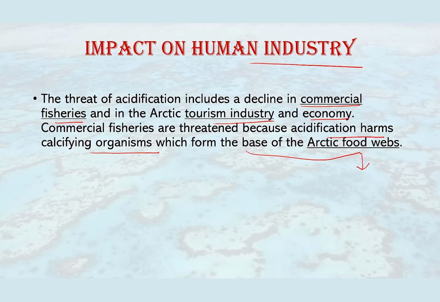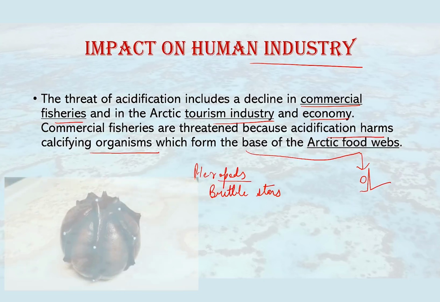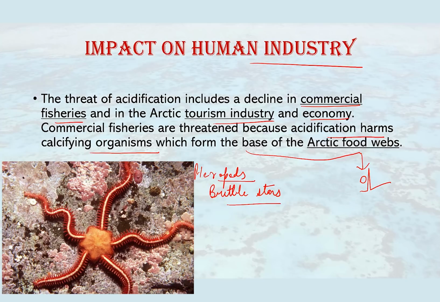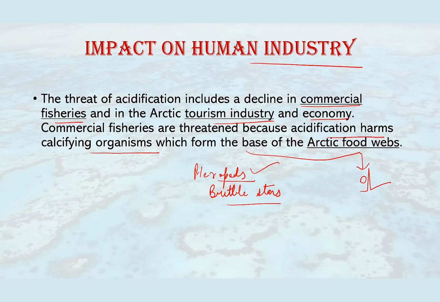Hence, the food webs, as I told earlier, would collapse. Pteropods and brittle stars both form the base of Arctic food webs, and are both seriously damaged by acidification. These pteropods' shells dissolve with increasing acidification, and the brittle stars lose muscle mass when regrowing appendages.